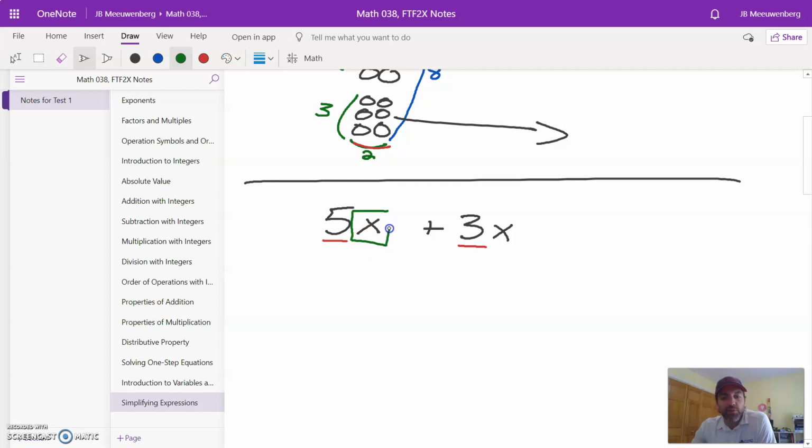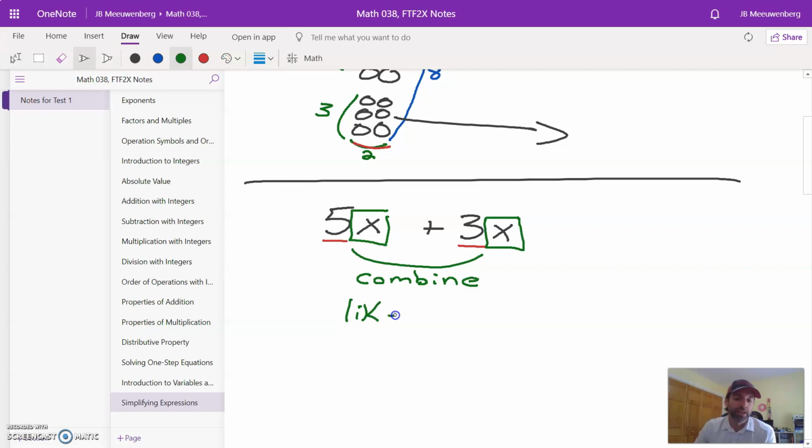Because the variables are identical, that's a key thing. If you have variables that are identical, you can combine the terms. And when the terms, remember we talked about terms, the things that are separated by the addition sign, when the terms have the exact same variables, we call them like terms.